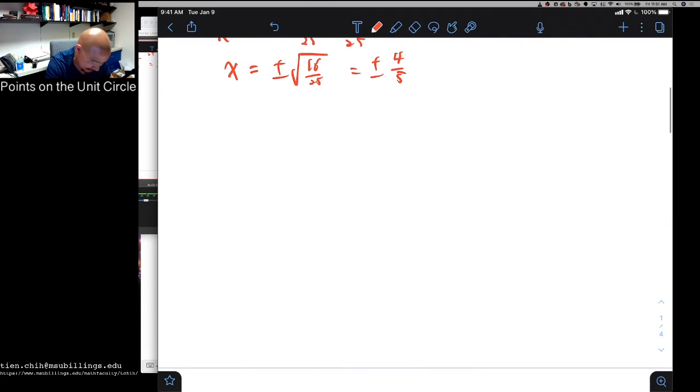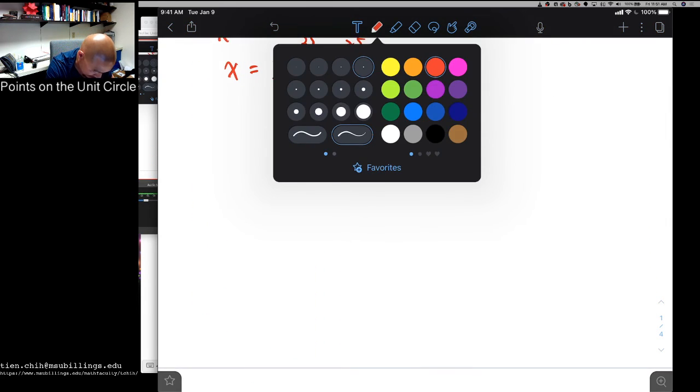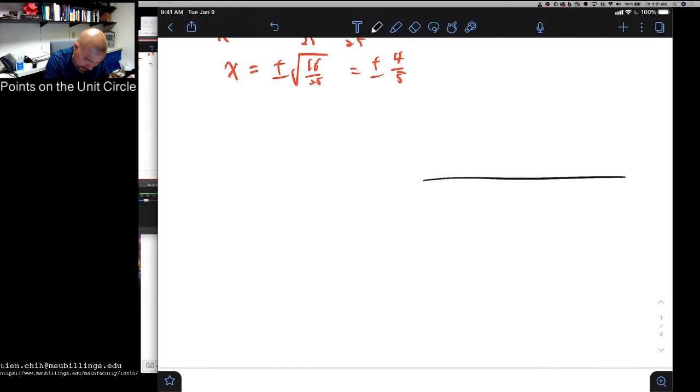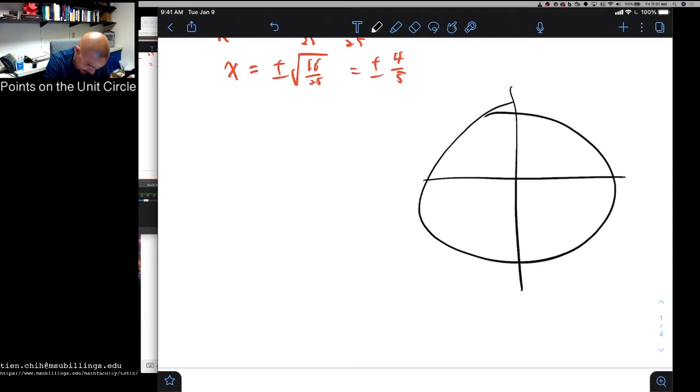So let's go ahead and just whip up another quick example. Let's draw another unit circle. And let's say I know that my x value is negative 1/2. And I want to know what my y value is.